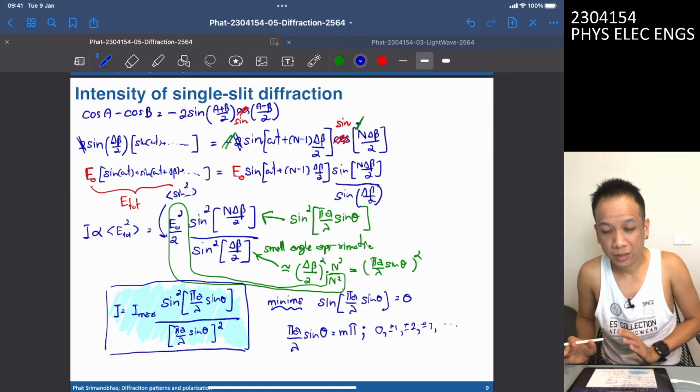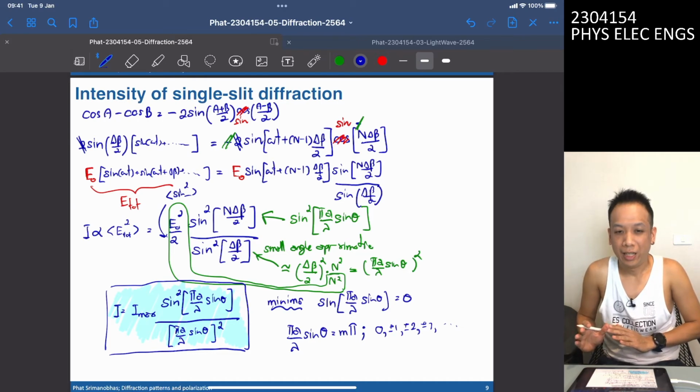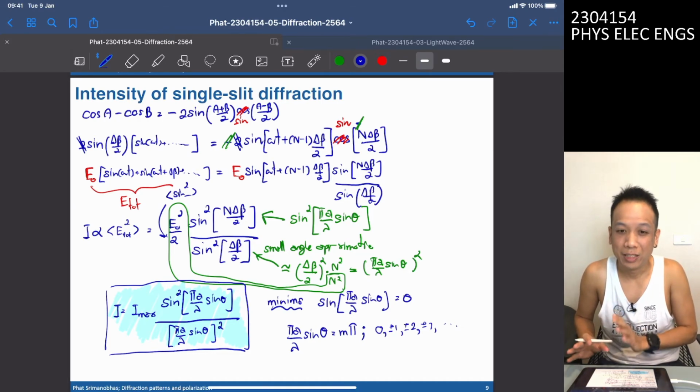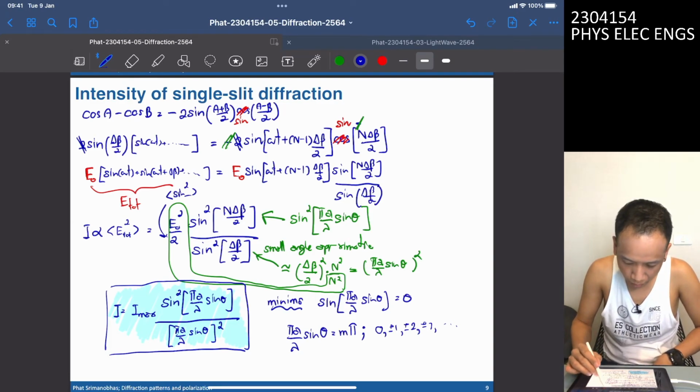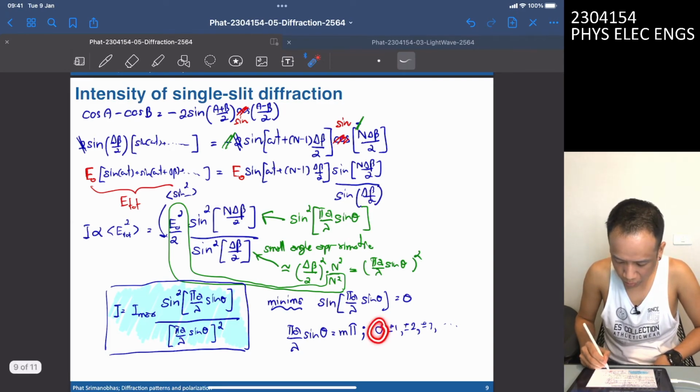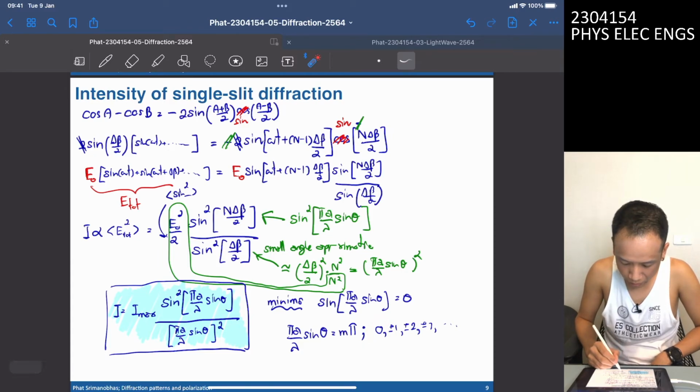Is this correct? Just be careful, it may not be correct. Why? Because if you take m equal to 0, it means pi a over lambda sine theta becomes 0.